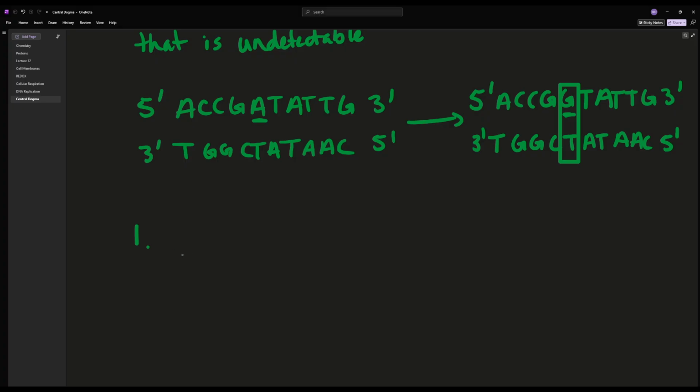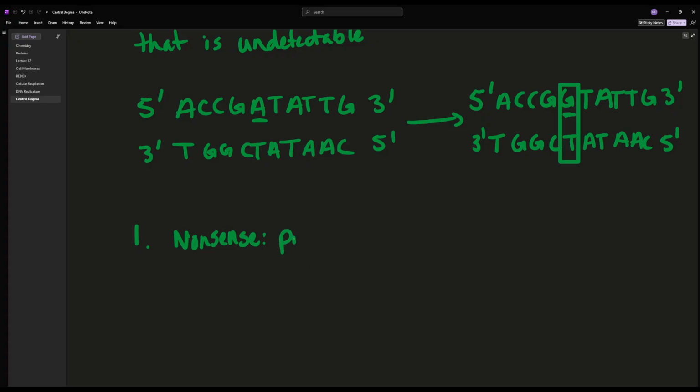So the first one is the nonsense mutation. And the one I like to use is UGU because you can basically make all the mutations from it. It's kind of cool. Nonsense means it does not code for an amino acid.